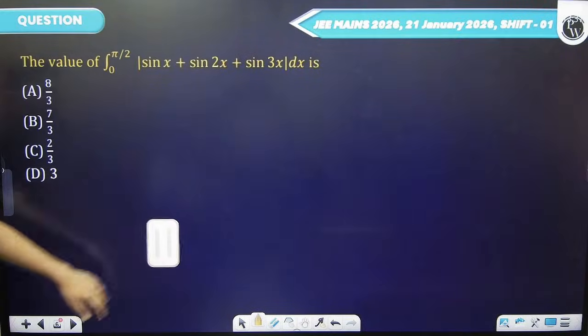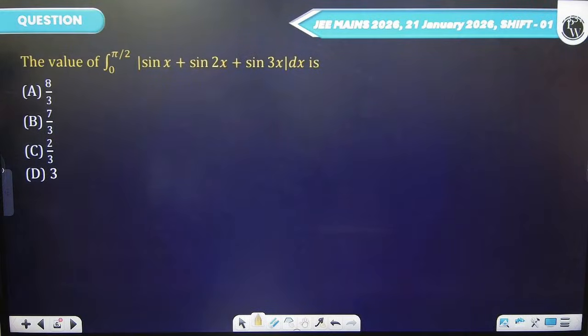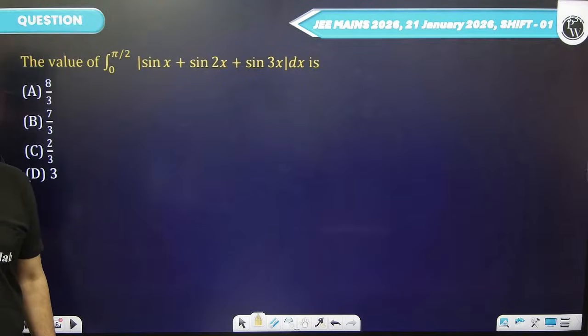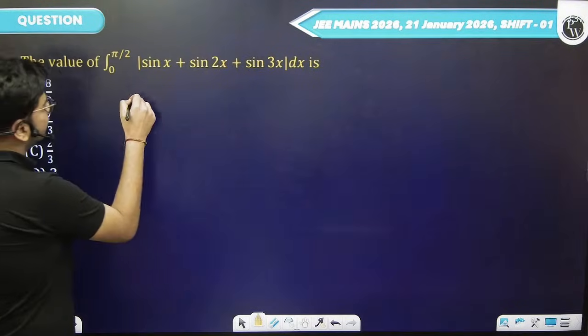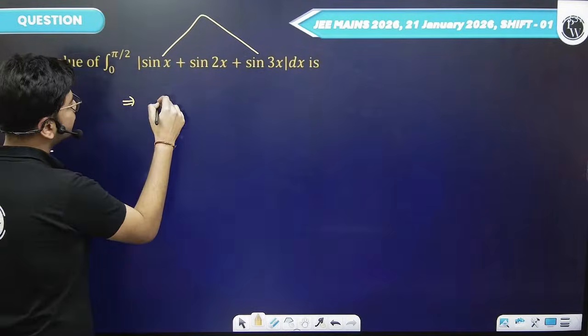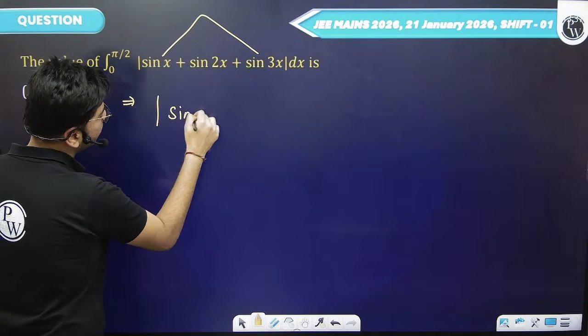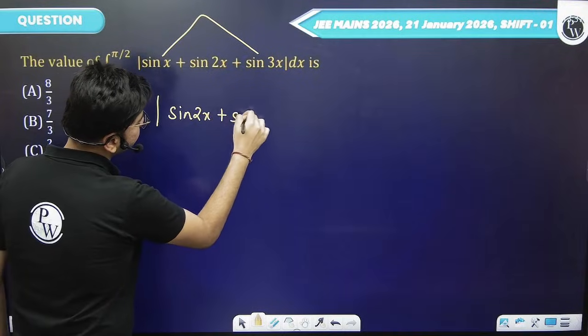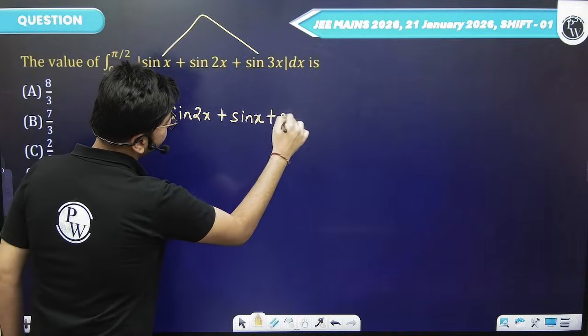Starting off with a question from definite integration. We have given 0 to pi by 2 integration of mod of sin x plus sin 2x plus sin 3x. So let's club these two terms together. So I'll get sin 2x plus sin x plus sin 3x.